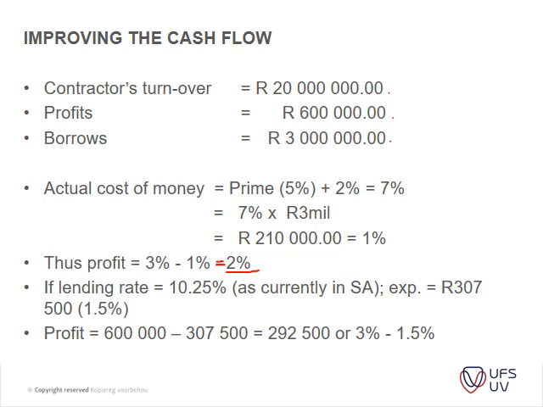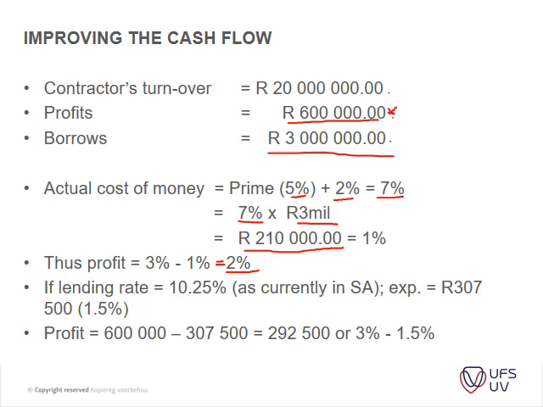Okay, so your estimated profits is 600,000. So you borrowed 3 million. Just a scenario, for instance, if it's a very good lending rate, you've got prime, which is 5% plus 2%, which gives you interest of 7%. 7% on the 3 million that you have to borrow is 210,000, which is subtracted from your 600,000.